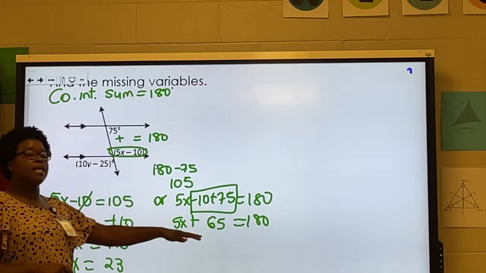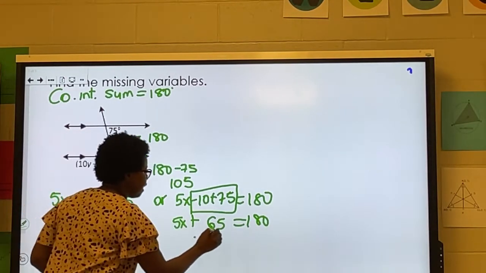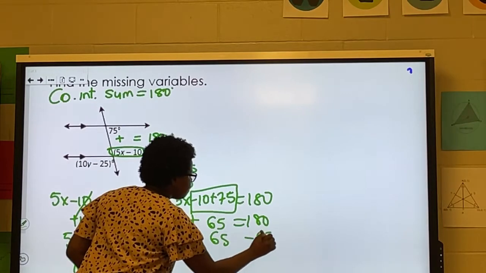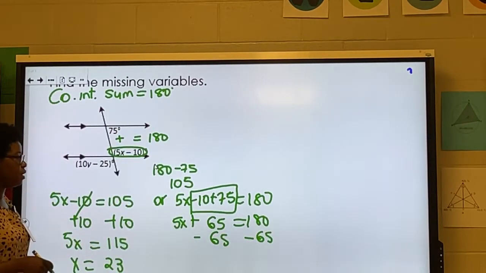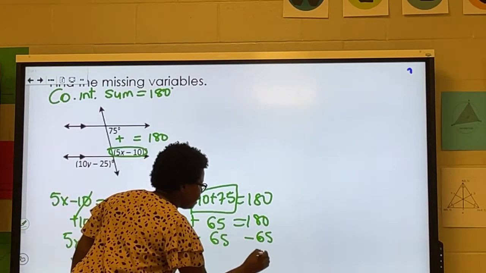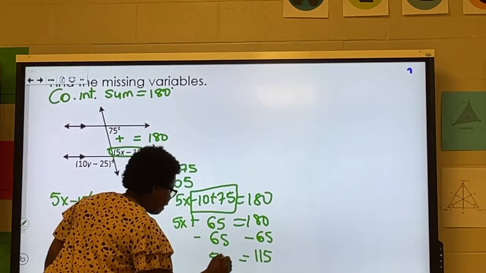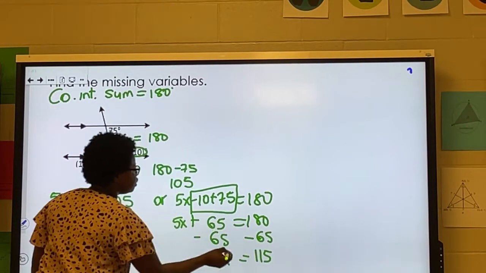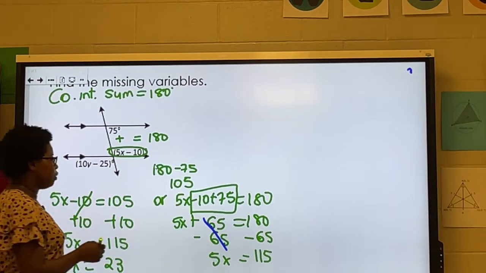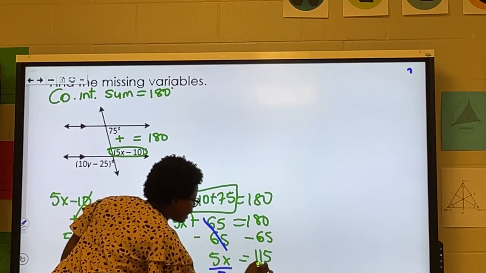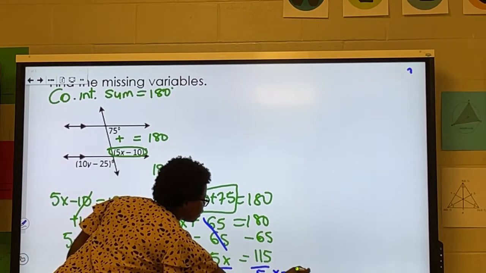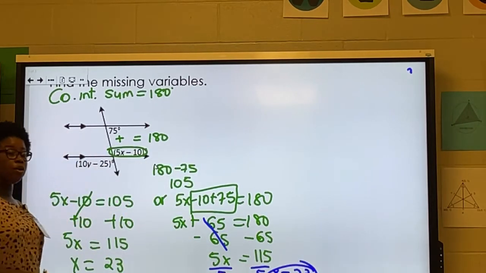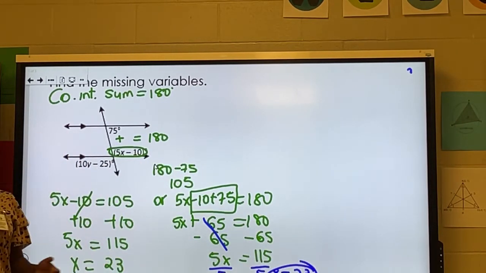From here, you solve for x, so you subtract 65 from both sides, and 180 minus 65 gives you 115, and that's equal to 5x. Divide by 5 on both sides, so x is equal to 23. And there you go, they both give the same thing.